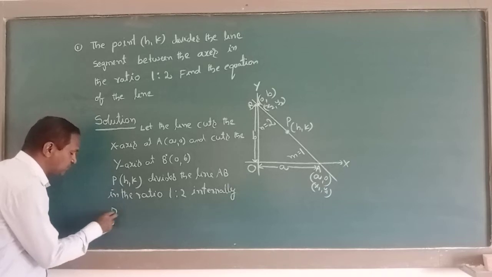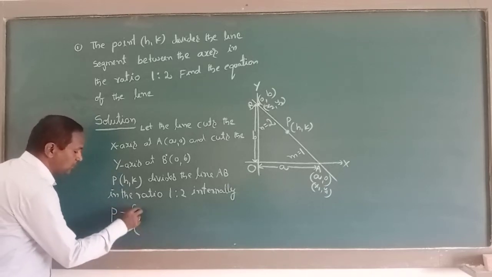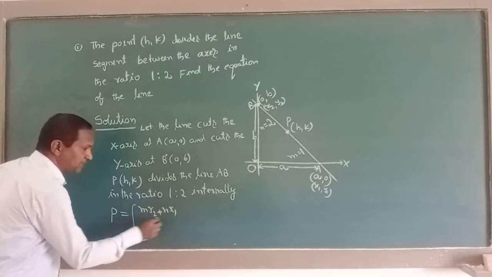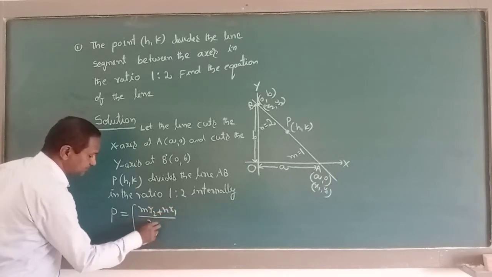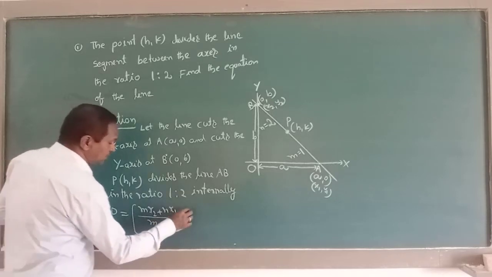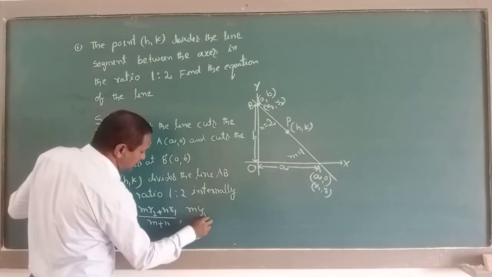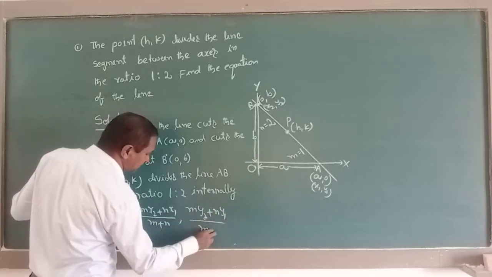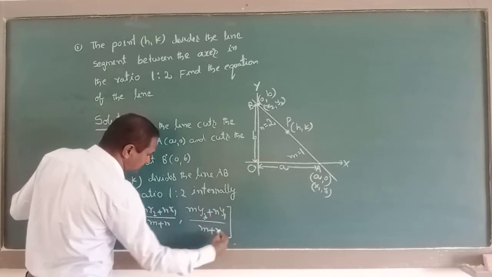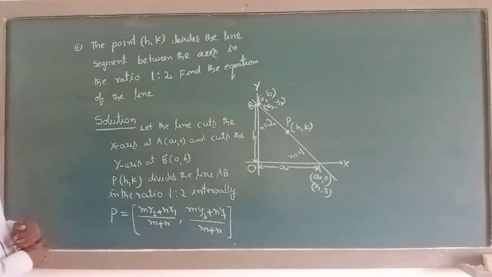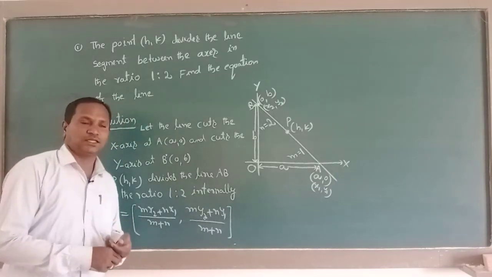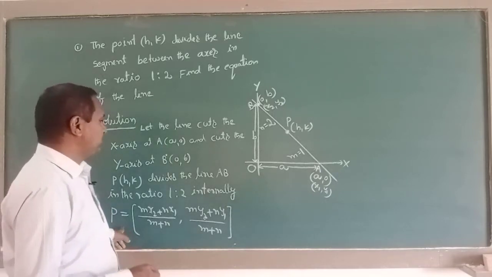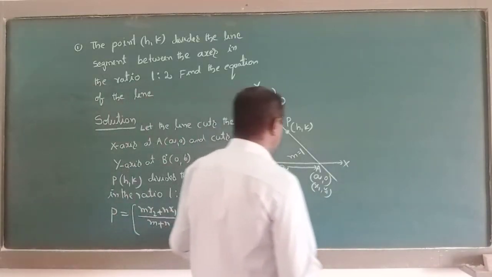P is equal to mx2 plus nx1 whole divided by m plus n, comma my2 plus ny1 whole divided by m plus n. P here is h comma k.